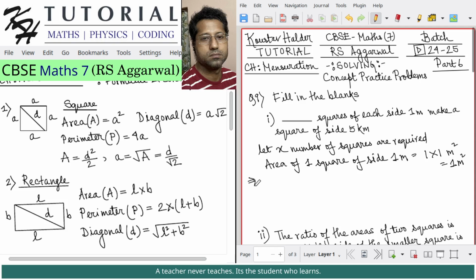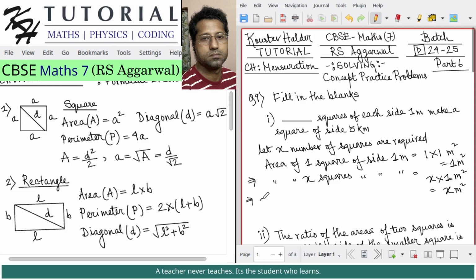So using the unitary method, the area of x squares of side 1 meter will be equal to x multiplied by 1 meter square, which is x meter square. Remember that the small squares are each of side 1 meter, so the area of x number of small squares will be x meter square.